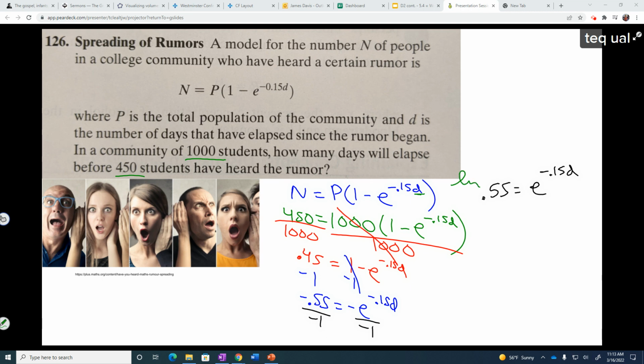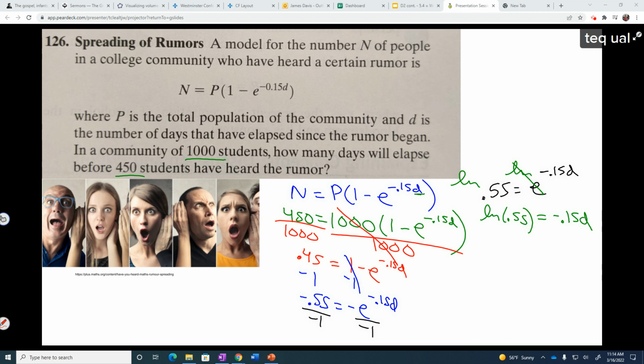on both sides. Also, just make sure whenever you plug a number into a natural log, it always has to be positive. You can't put a negative into a natural log, you'll get an error. So you should never end up with a negative. Just a reminder that you need to divide by the negative there. So we got the natural log of 0.55 equals, these cancel, negative 0.15d.